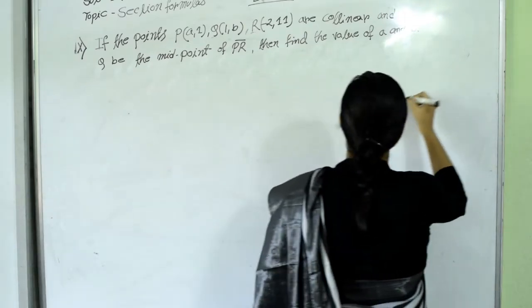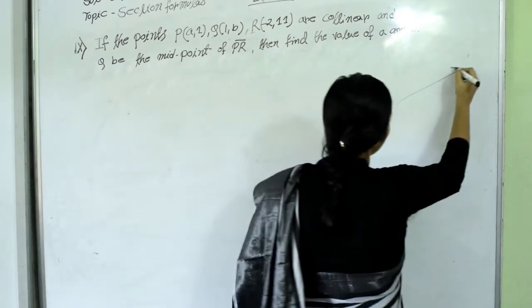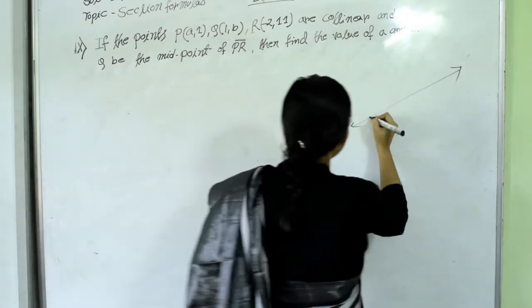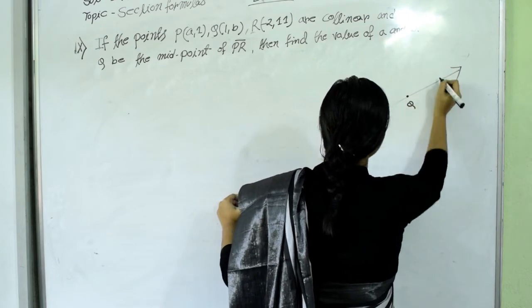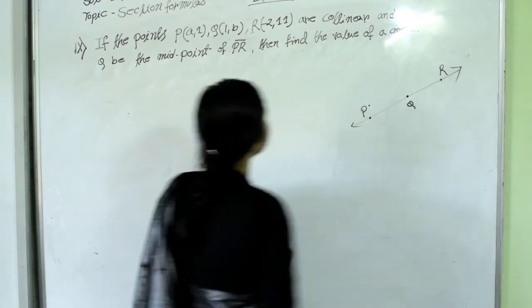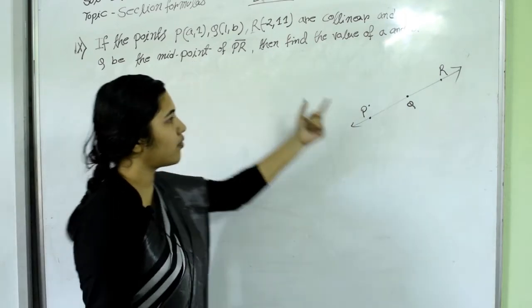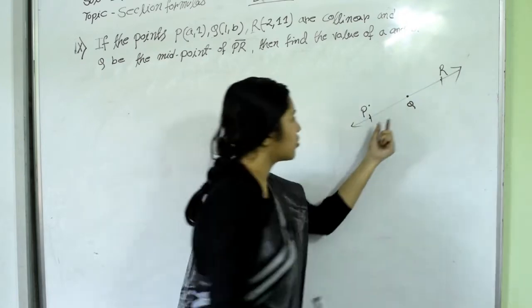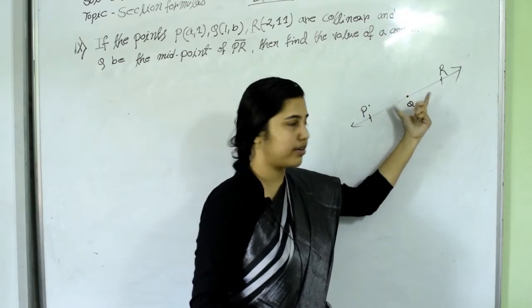So first draw a straight line, any straight line, and these 3 points P, Q, R are on this straight line. And also it is given that Q is the midpoint of the line segment PR. So here Q is in between P and R, right?